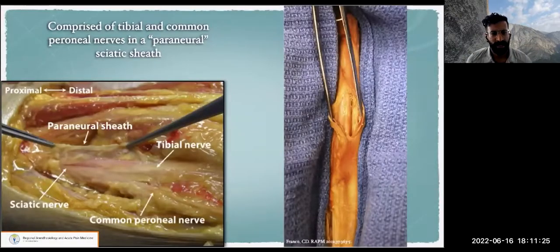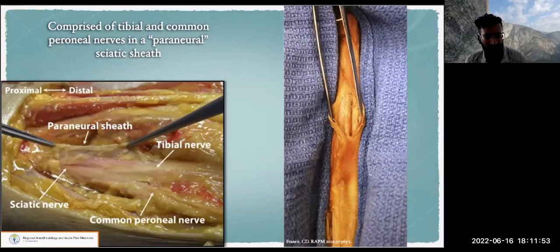I think the next couple of slides are particularly important. A somewhat recent understanding of the sciatic nerve involves knowing that it travels in a connective tissue sheath. We call it a paraneural sheath that is histologically distinct from the nerve epineurium.